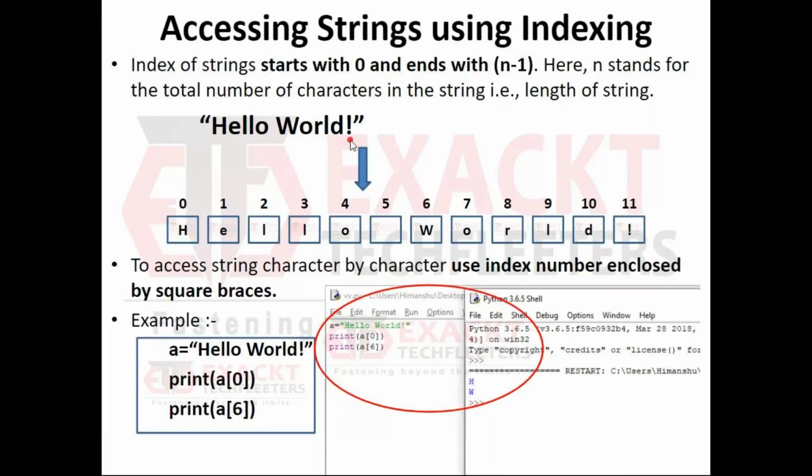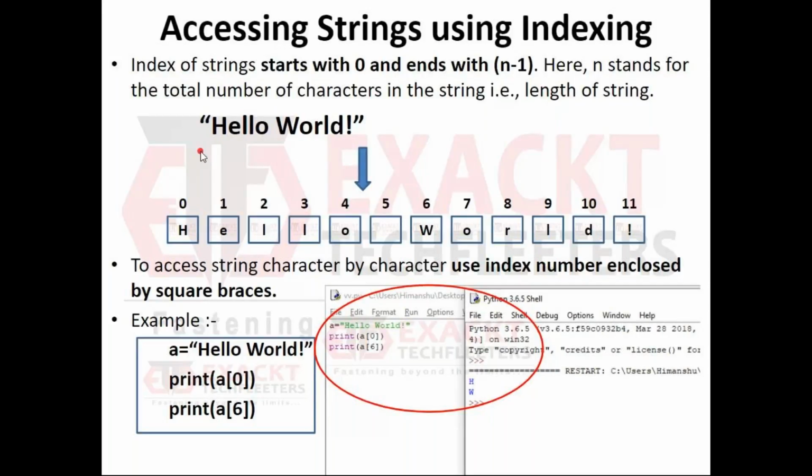That is n minus 1, because n is 12 and its indexing is 11. So to get the indexing, you start counting from 0, and till the end it will be n minus 1.